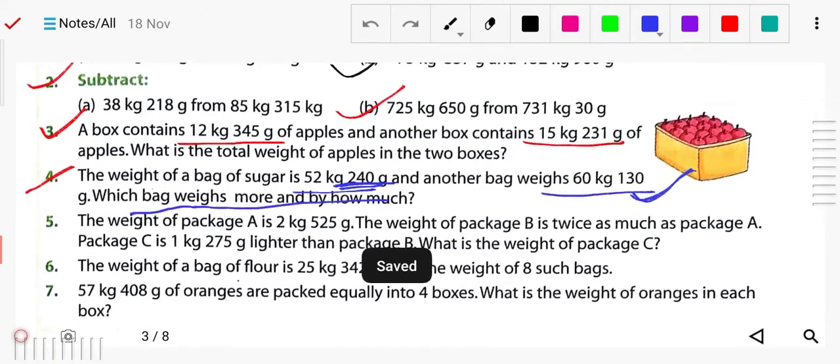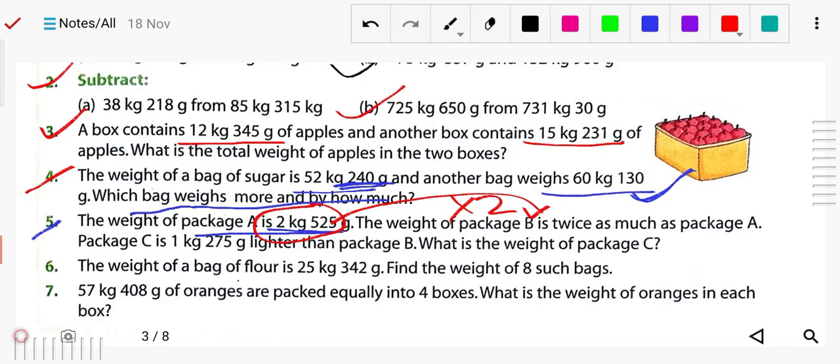Next question, number 5. Number 5, you can see the weight of package A is 2 kg 525 gram. The weight of the first packet is given. The weight of package B is twice as much as package A. It means 2 times whatever the weight of A is, so multiply by 2.